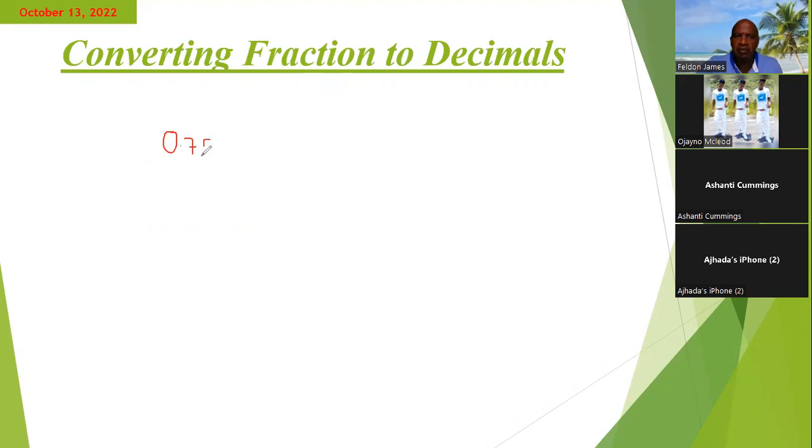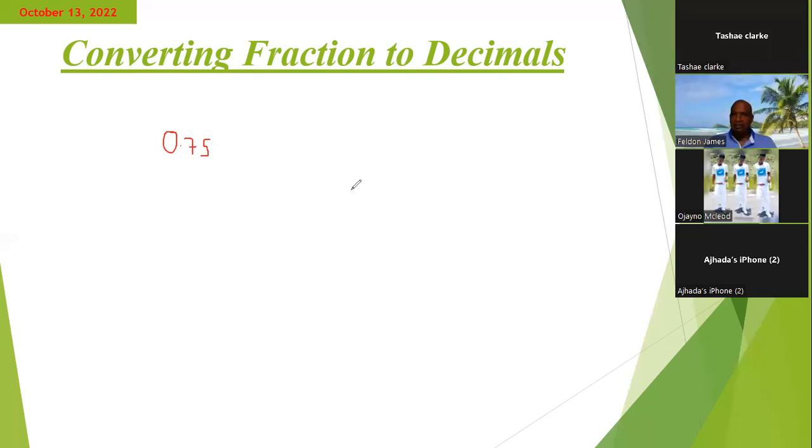How do we go about this? Anybody? Anybody could give me an idea how to convert 0.75 to a fraction? Anybody remember what we say a decimal is? Go ahead, Miss Clark.